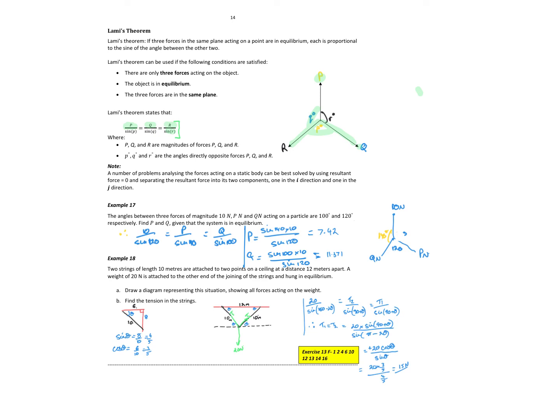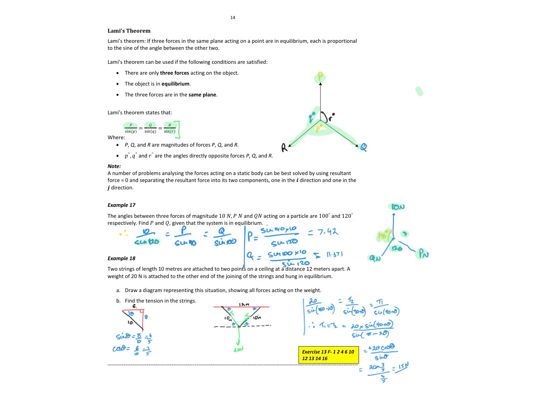If we consider example 17, which is a triangulation of forces, we can just consider 10 over sin 120 is equal to P over sin 140, which is equal to Q over, what's that, 260, that's a 120 there as well, is it? 100, I should say, sin 100.